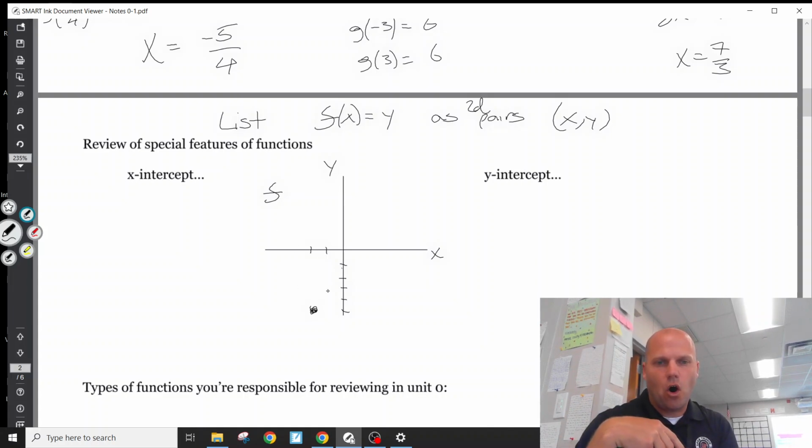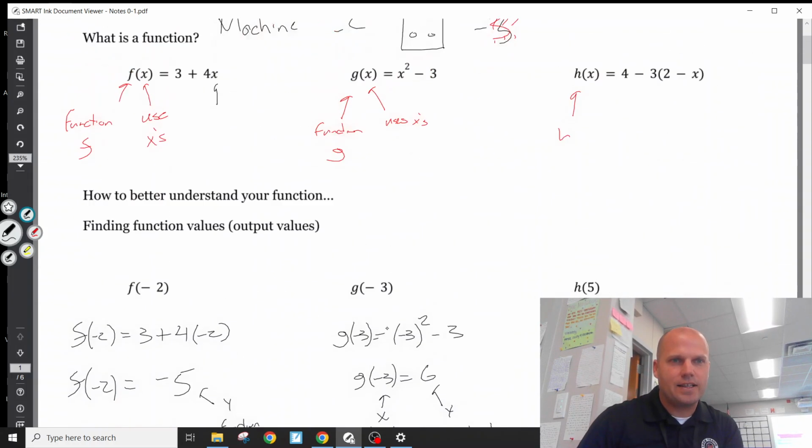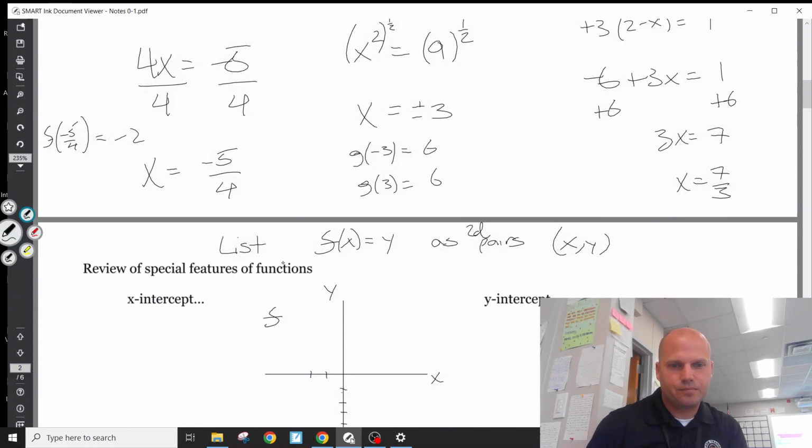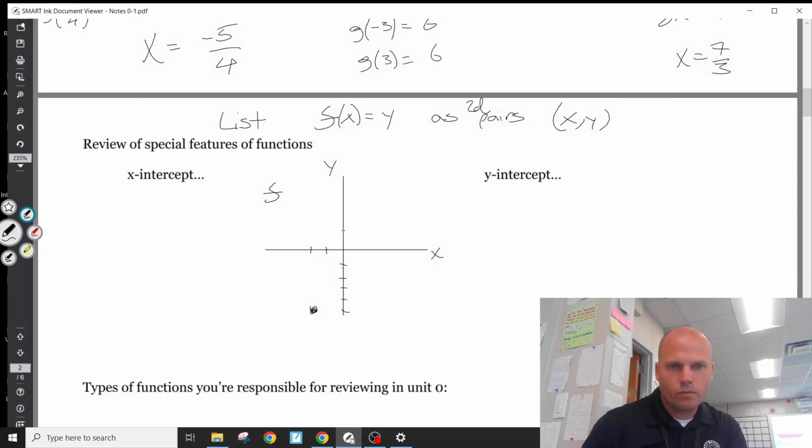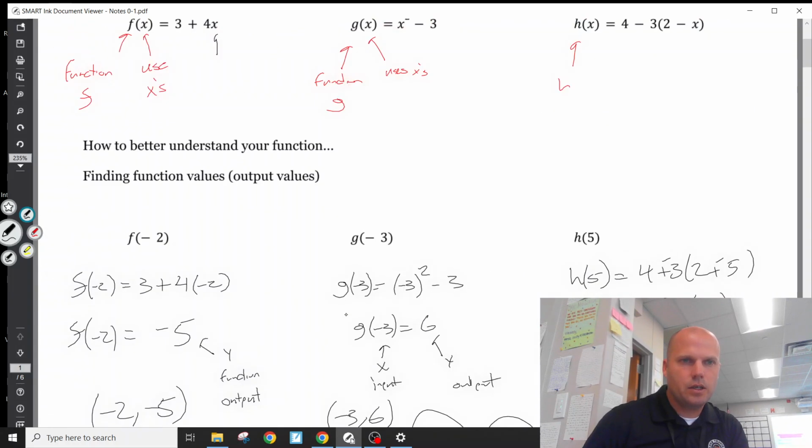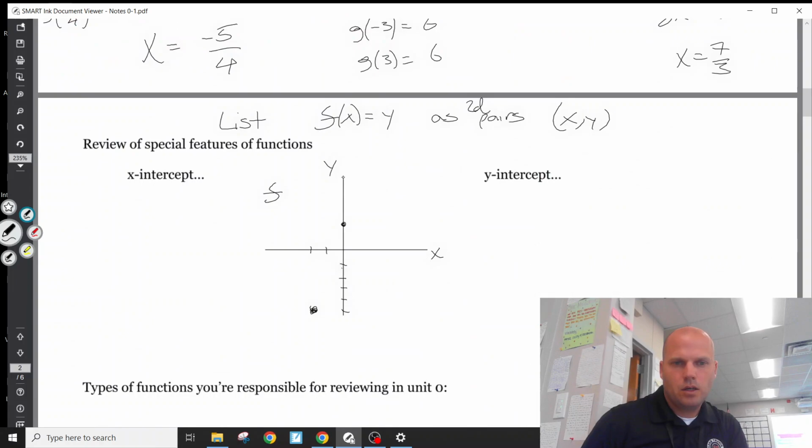Now, we could look at all of the points that f has and could create what ends up being a line. So if I plugged in 0, I'd get 3. If I plugged in -4/3, I'd get that. And we would see that all of the xy points for f would create this kind of picture.